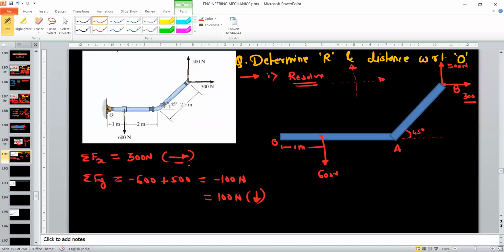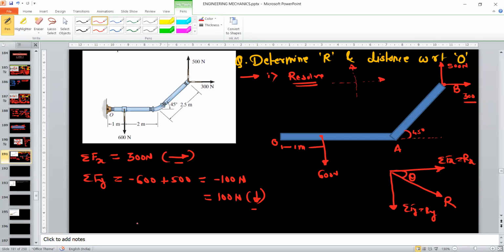So from these two directions, you can decide the quadrant of the resultant. This is summation Fx, or this is Rx. This is summation Fy, or this is Ry. So this is your resultant, and this angle is theta with respect to x-axis.